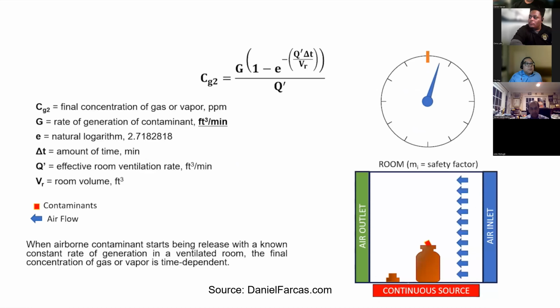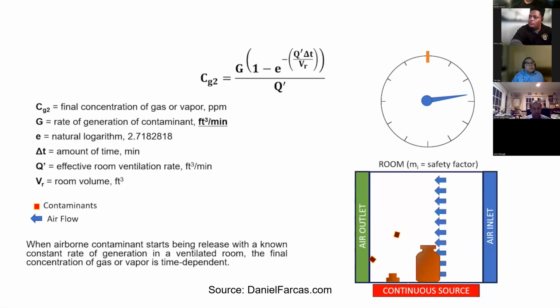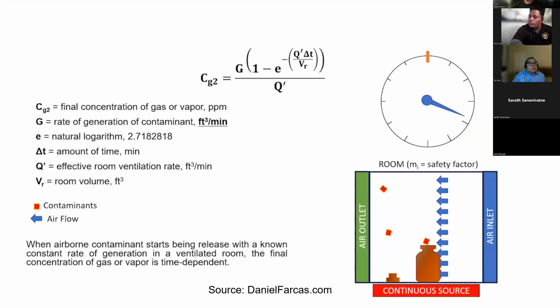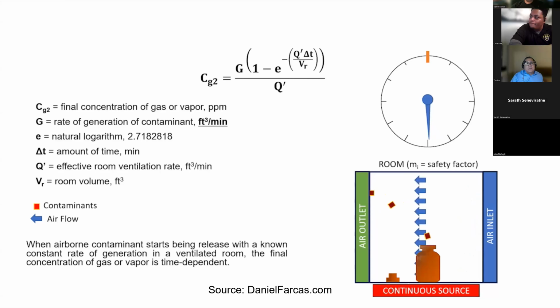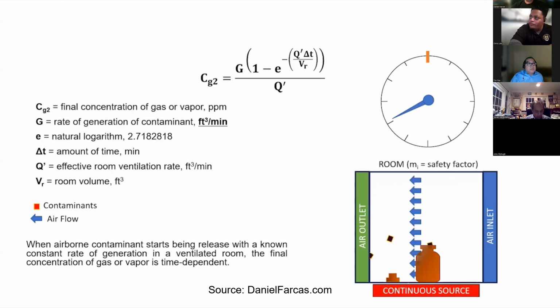When airborne contaminants start being released with a known constant rate of generation in a ventilated room, the final concentration of gas or vapor is time dependent. In this equation, we have the final concentration of gas or vapor in parts per million, the constant rate of generation of contaminant in cubic feet per minute.